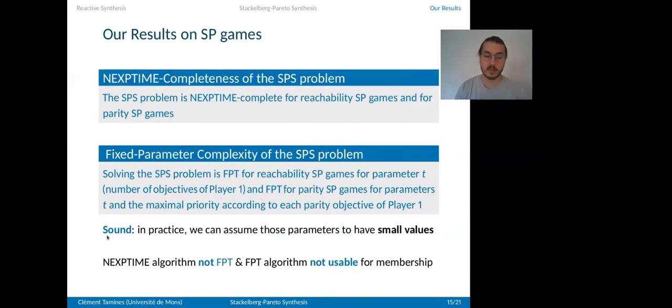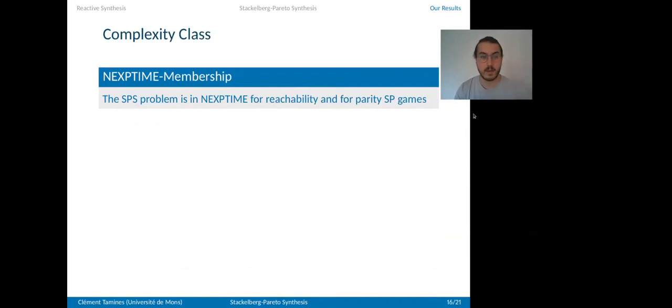It should be noted that our NEXPTIME algorithm is not fixed parameter tractable, and that our fixed parameter tractable algorithm is not usable to show the membership to NEXPTIME, as its time complexity is too high. I'll now try to give the intuition for the NEXPTIME membership result.